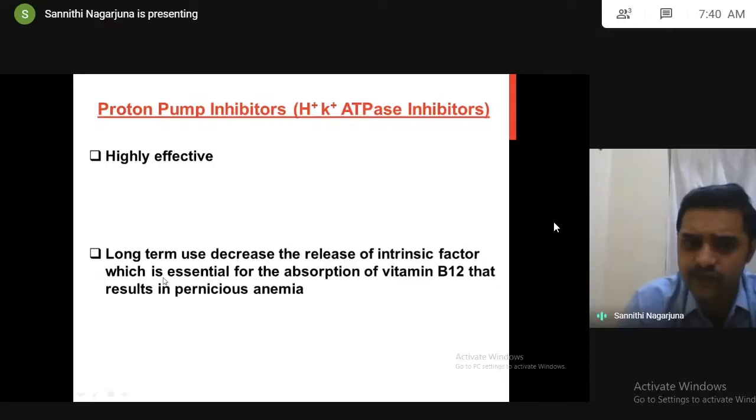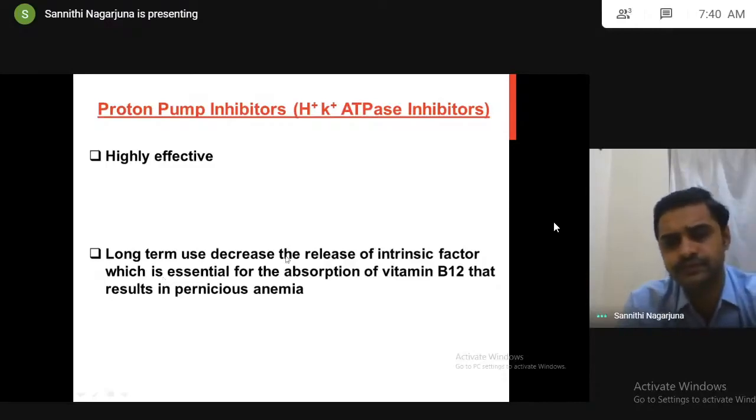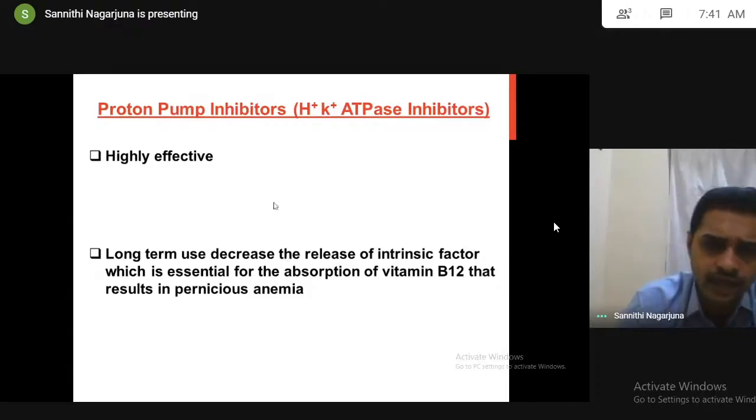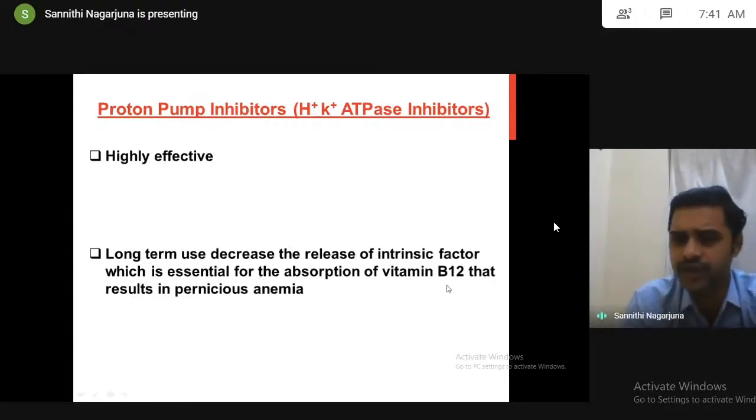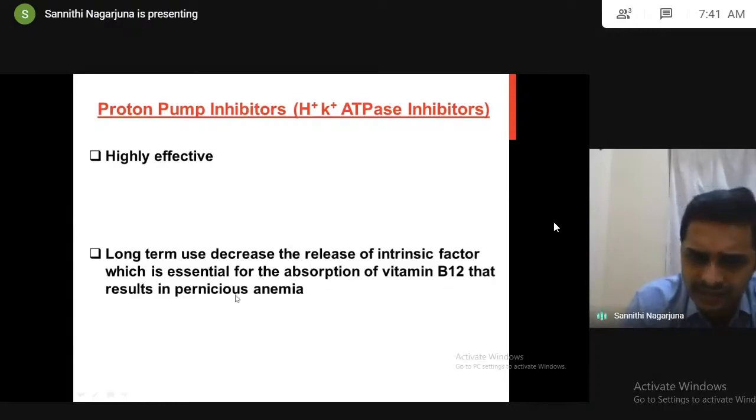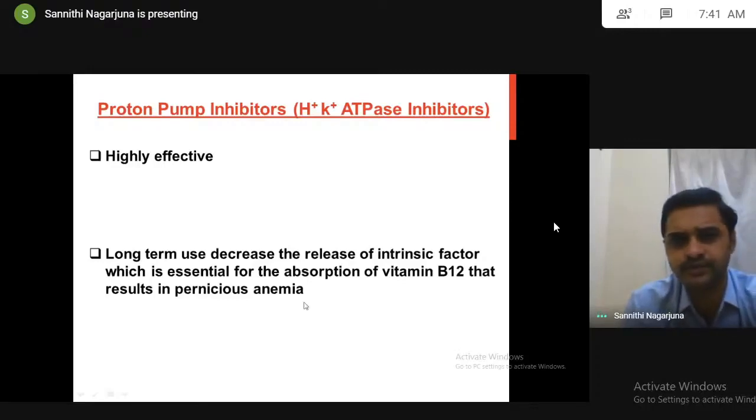But if you use these drugs for a long time, they decrease the release of intrinsic factor. This is essential for the absorption of B12, which results in pernicious anemia.